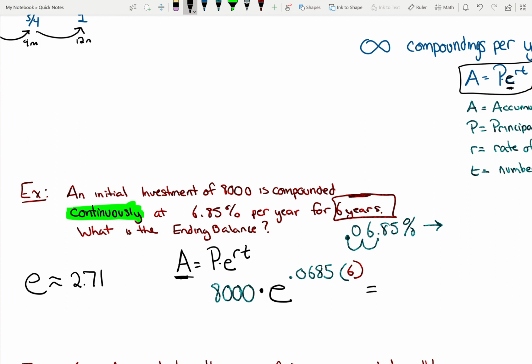Because e is irrational and you're dealing with exponents, you probably won't be able to compute this in your head. So grab a calculator and figure it out. I may have put the wrong thing in my calculator. Let's see. Sorry, I should have done this off screen.